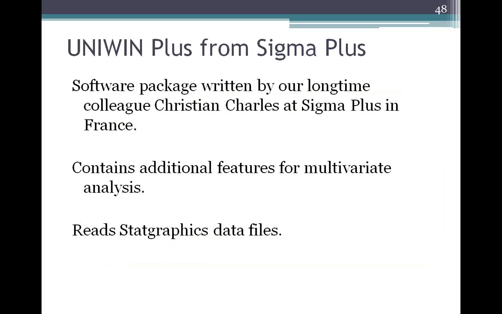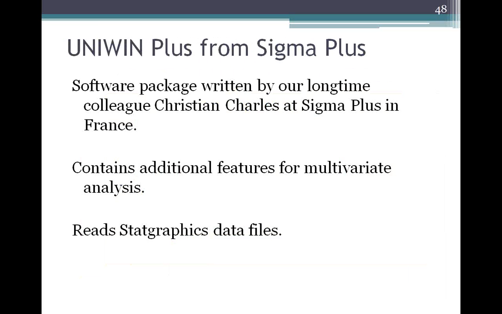Uniwin Plus is a companion program to Statgraphics in the sense that the data input is typically Statgraphics data files. It's a software package written by a long-term colleague of mine, Christian Charles, who's located at a company called Sigma Plus in France.